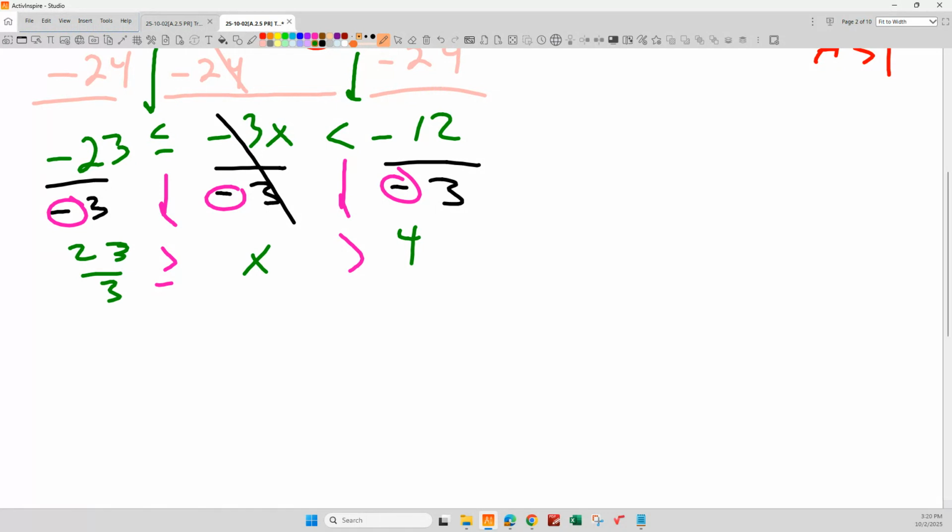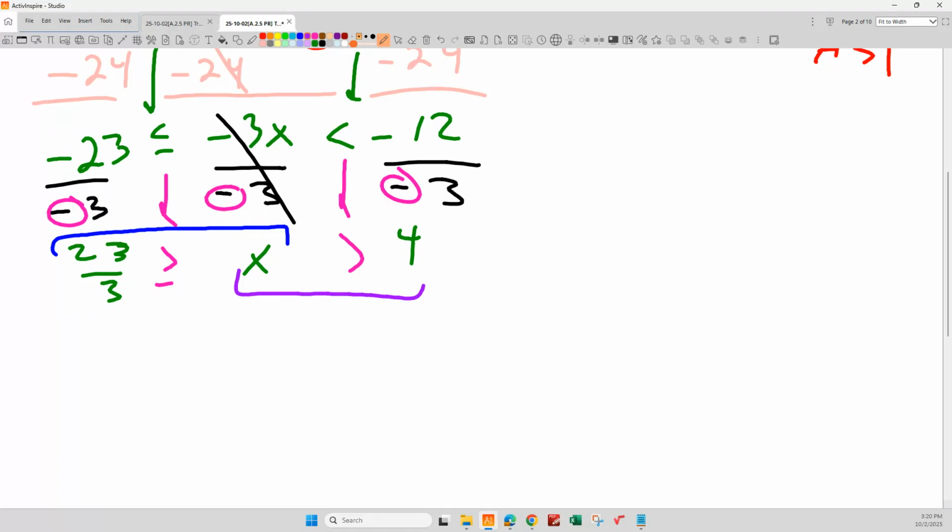This part right here says 23/3 is greater than or equal to x. Okay, but we'd rather start with the variable. That's the same thing as saying x is less than or equal to 23/3, right? Okay, how about this other part over here? Starting in the middle, that says x is greater than 4.